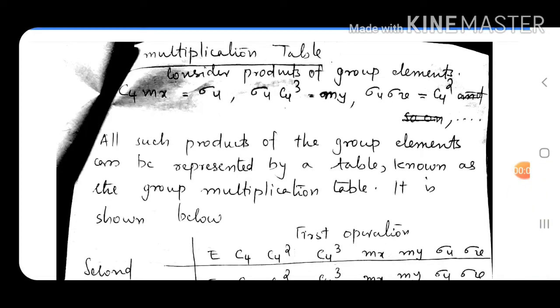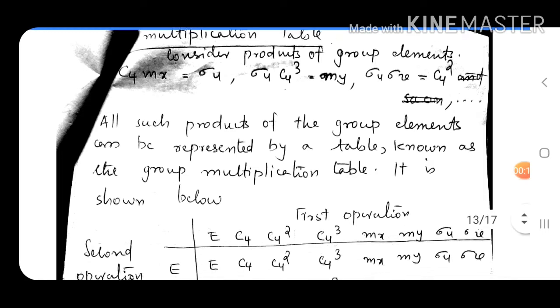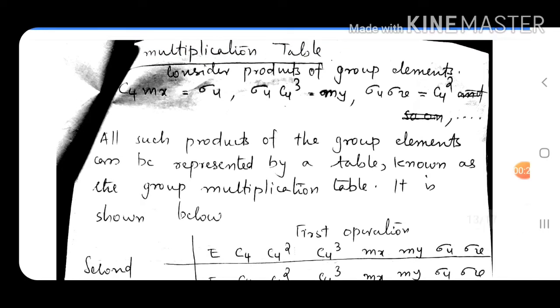Now let's see the group multiplication table. In the previous class we saw the group of symmetry of a square, and we saw there are 8 elements in the group, and the product of the elements of the group can be represented in the form of a table, a multiplication table.